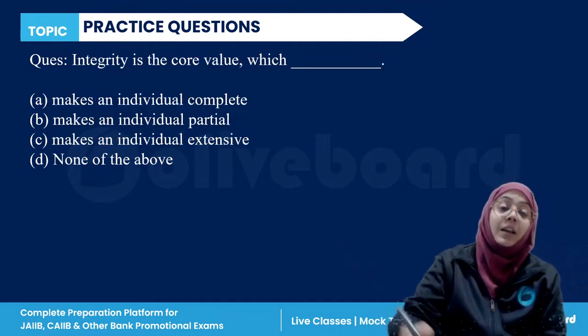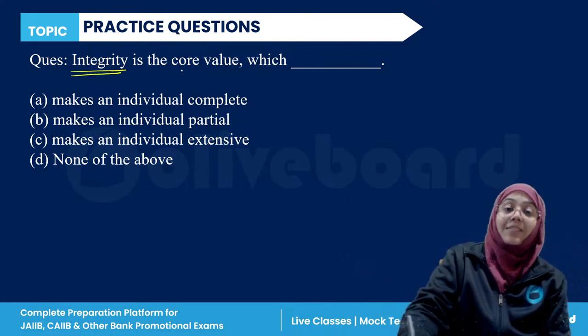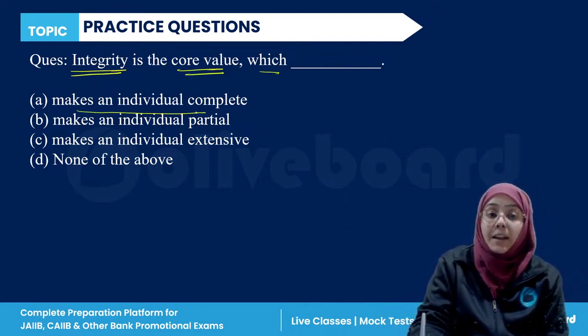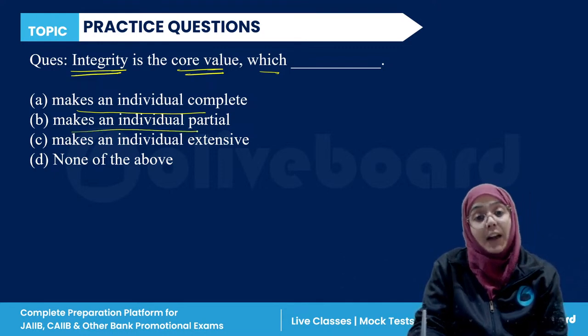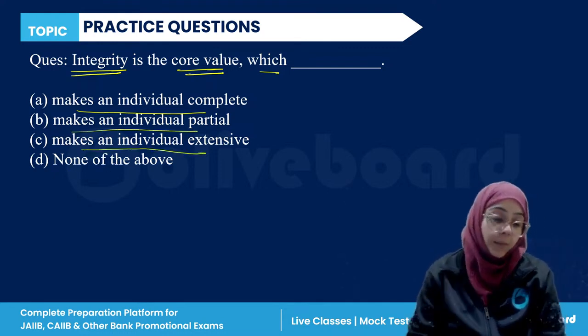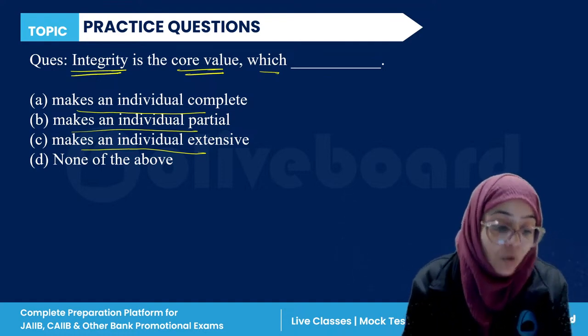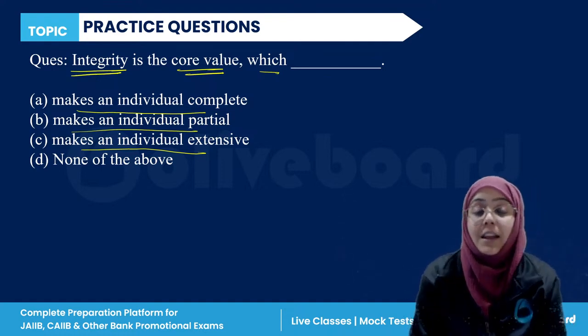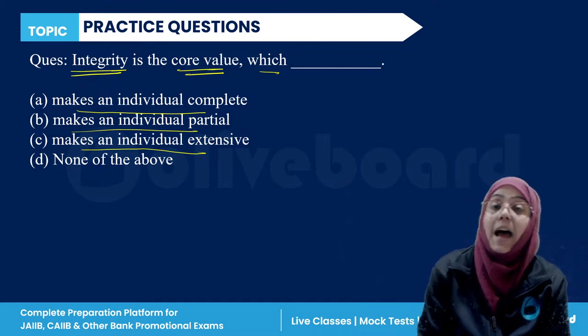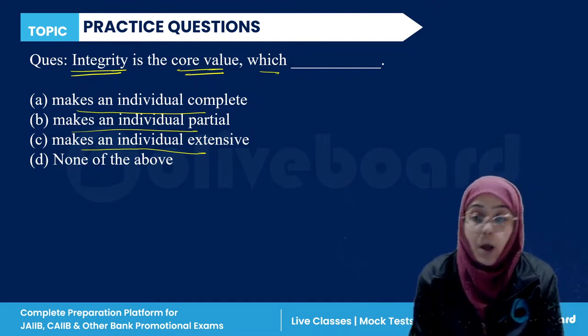Okay. Next, integrity is the core value which makes an individual complete, partial, extensive, or none of the above. Please answer this question, very easy. Integrity is the core value which makes an individual what?